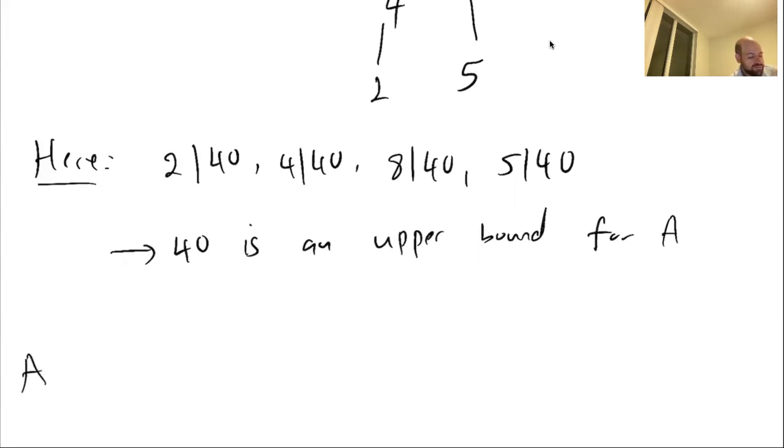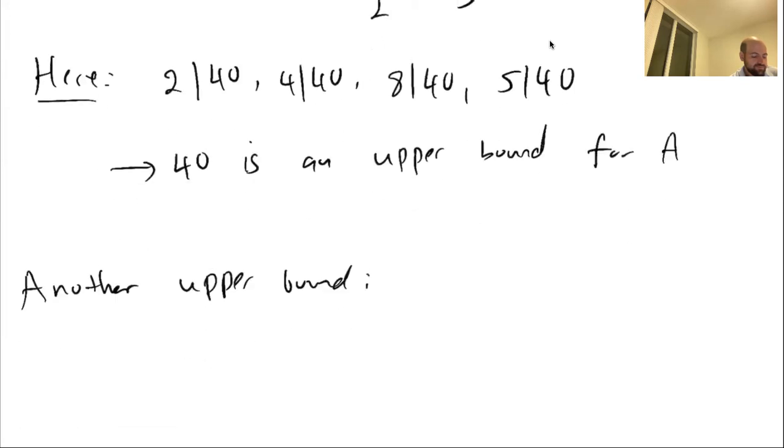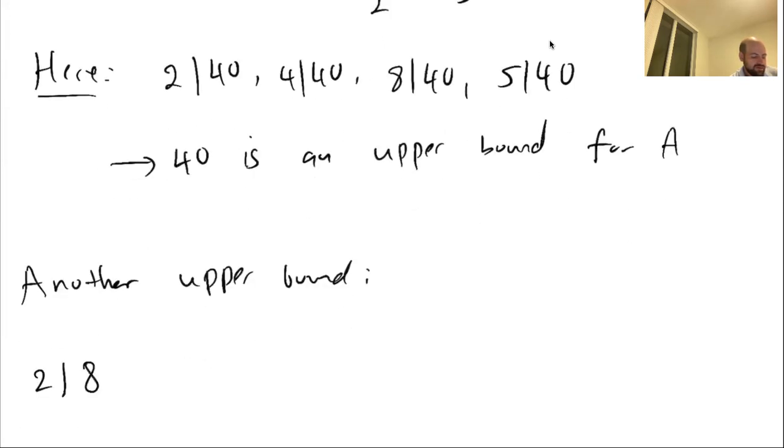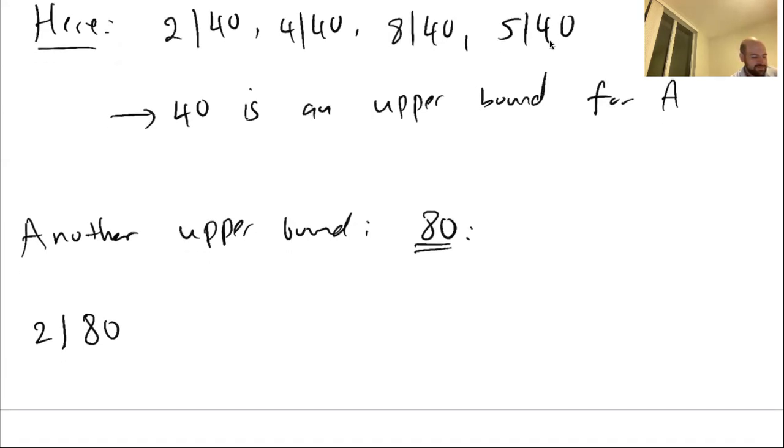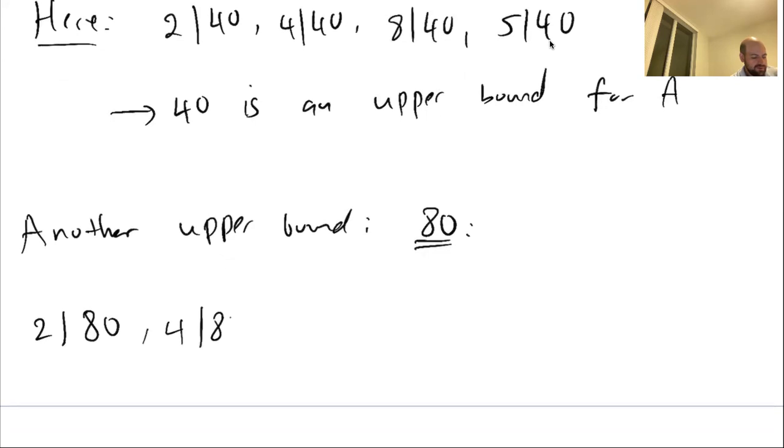Another upper bound, let's say if I consider, for example, 40 times 2 or 80, again, same thing happens. 2 divides 80, so 80, how do I get 80? I just multiplied 40 by 2 because 40 is already a multiple of all the elements of A. So if I consider a multiple of 40, that element will again automatically be a multiple of these 4 elements. So 2 divides 80, 4 divides 80, 8 divides 80, 5 divides 80.